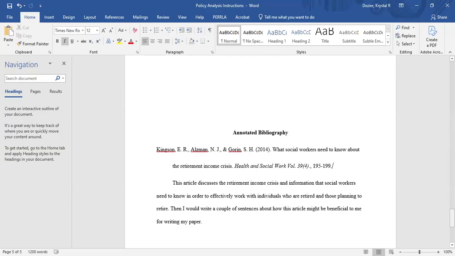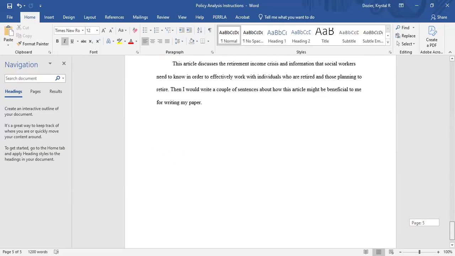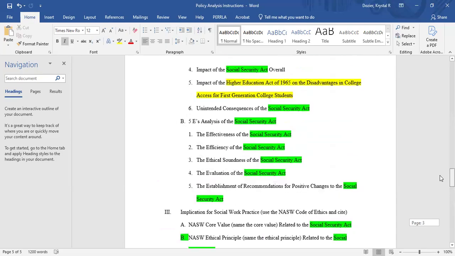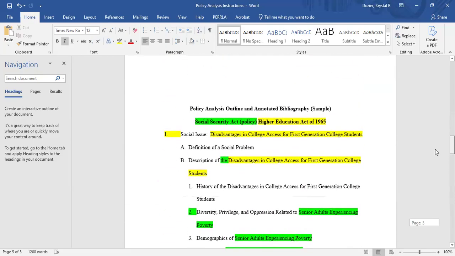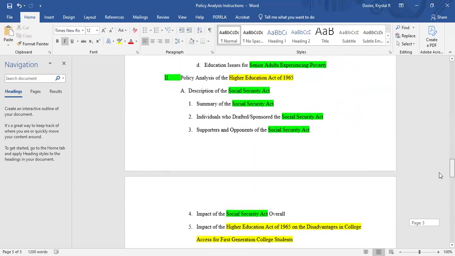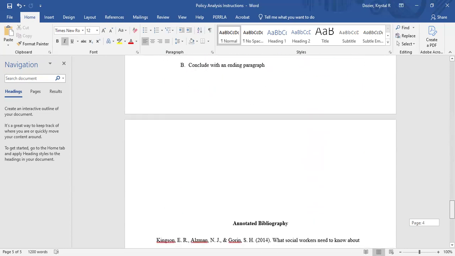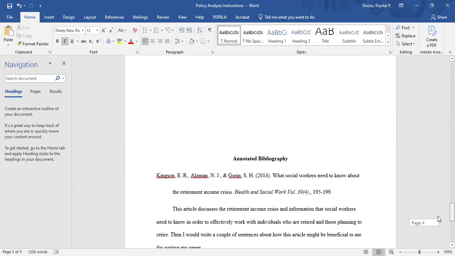Again, I don't need a paper submission for this very first part. It's an outline and an annotated bibliography where you're just doing a summary and why you would use it in your paper. Okay. It should be no more than two pages. In terms of, no, this is three pages. My apologies. Three pages total, maybe four, depending on how much you write for your annotated bibs.